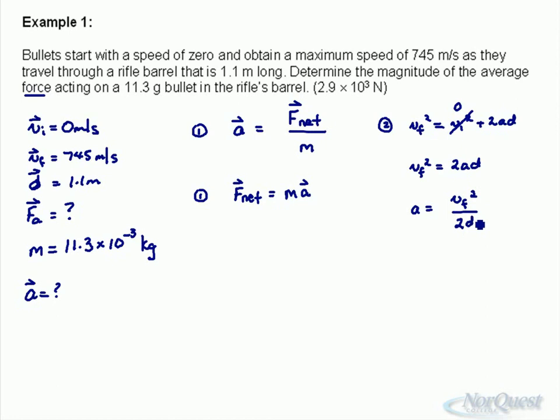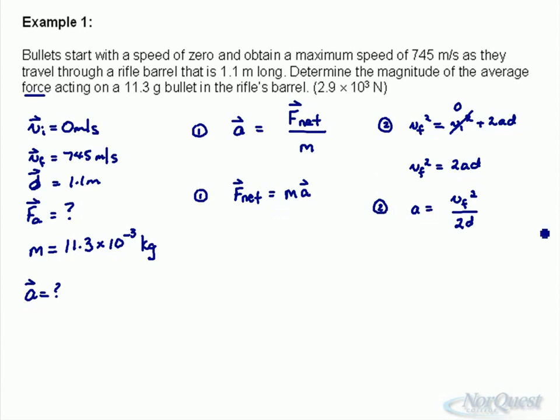Now here's where you have a couple options. You could do a substitution at this point, find acceleration, then take that number and put it into equation 1. But remember, in physics we want to keep our numbers exact as often as possible. If you're pretty decent with your algebra skills, what you can do is substitute equations into each other.